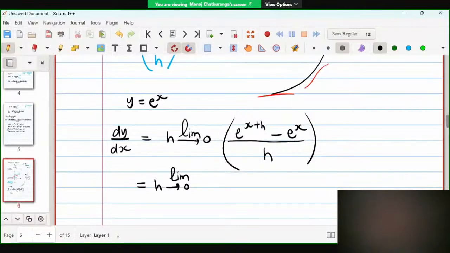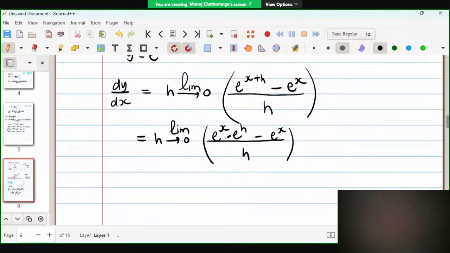e to the x plus h you can think of as e to the x times e to the power h, minus e to the power x, divided by h. See, here we have e to the power x in both terms. It's common for both, so you can factor it out. And the term e to the power x has nothing to do with h.